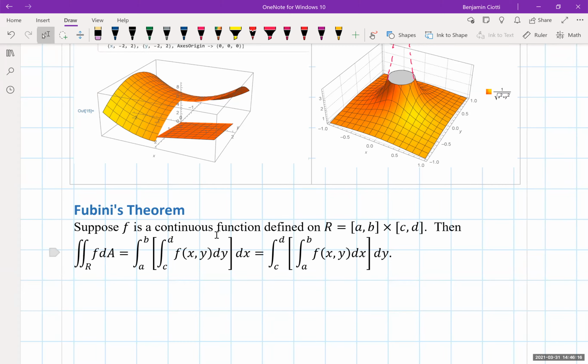In fact, can someone tell me what's the difference between Fubini's theorem right here and what I called theorem 1 and theorem 2 from earlier today? I want us to really be paying attention. What is the difference between this and what we already saw today? Ollie?